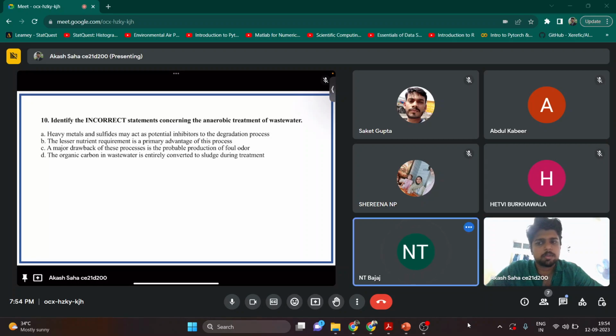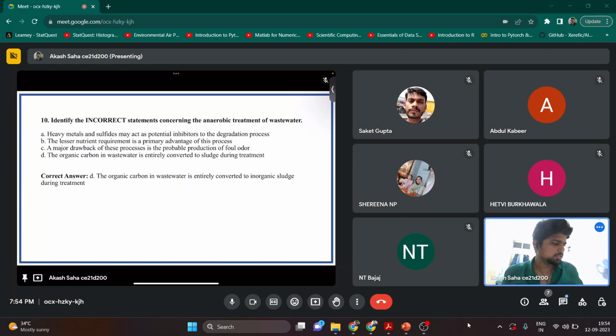Option D, because the entire organic carbon is not converted only to sludge. Some will be degraded into the various gases that are produced, some will just leave the system as it is, and some will be converted into sludge. So D is the correct option.